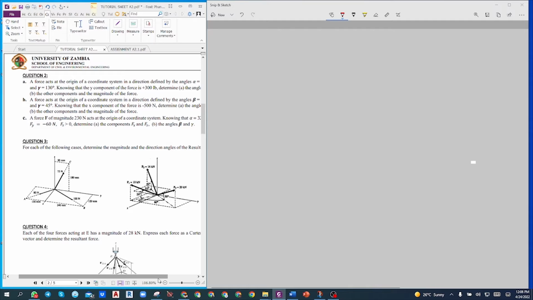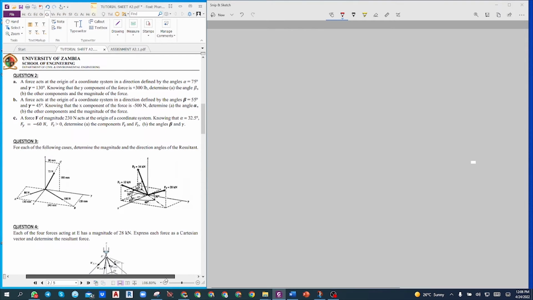Question 2C is actually part of the assignment, and as things are, there are some of you who have not submitted the assignment.